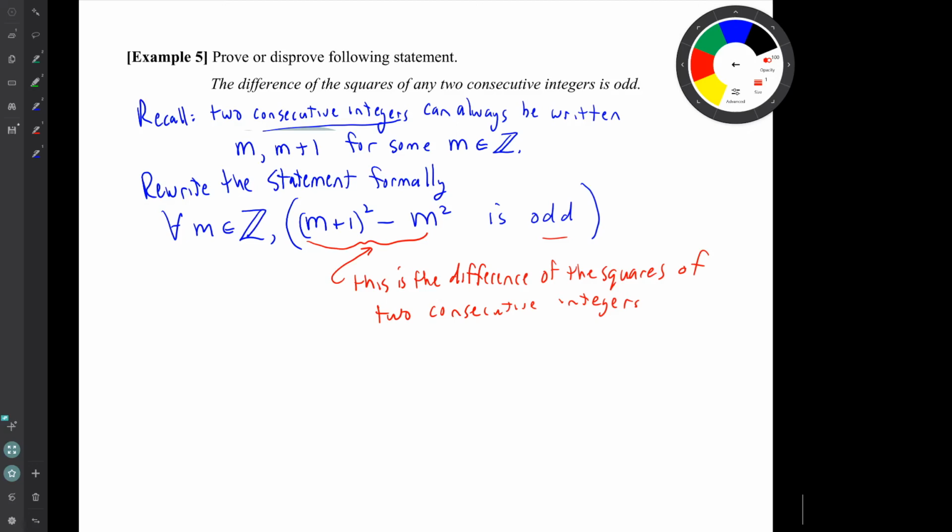We see that it's a universal statement, and the predicate is this thing. So how can we prove or disprove that? Well, let's see if we think it's true. Let's choose some values for m.